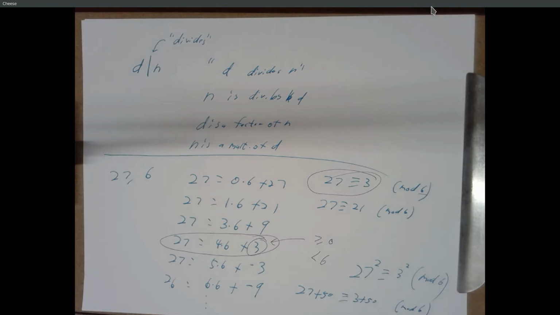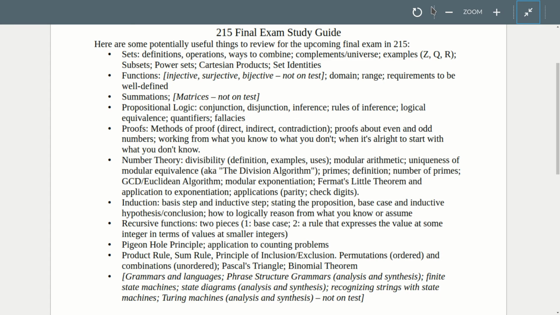Some of the stuff we did with these congruence relationships, and when we looked at cipher systems, we're using this fact that we can reduce modulo 6 either before or after we do these operations. But reducing something modulo n preserves addition and subtraction and multiplication, but not division.